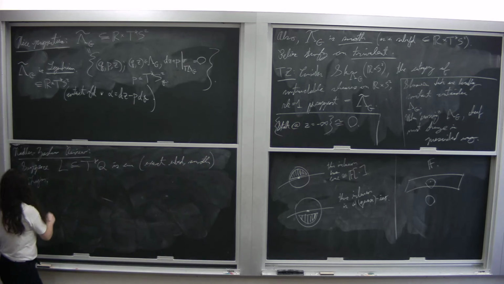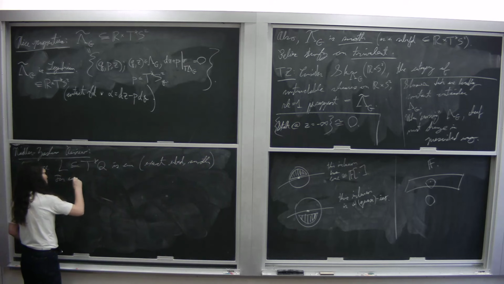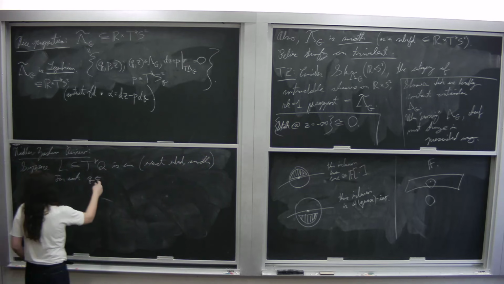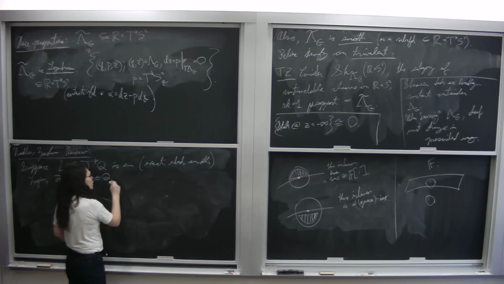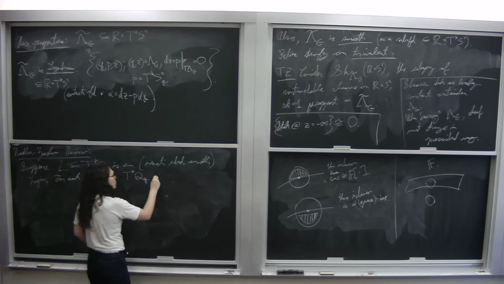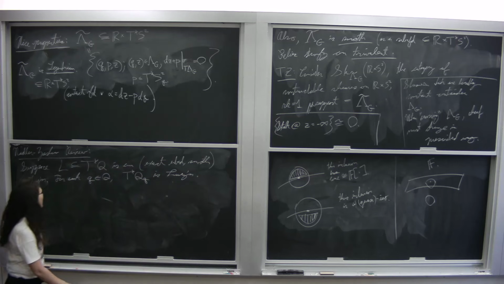Right? And then for each Q in Q, we also have T star Q, which is Lagrangian.